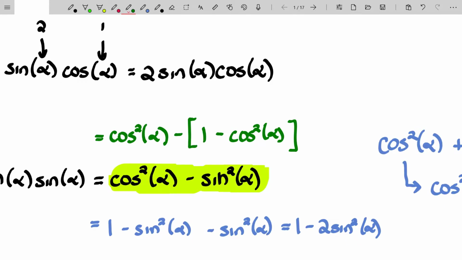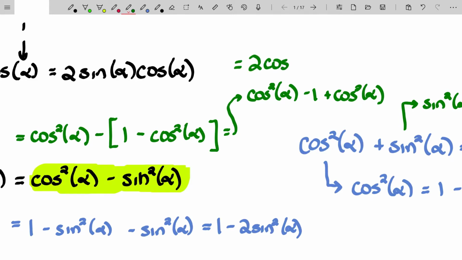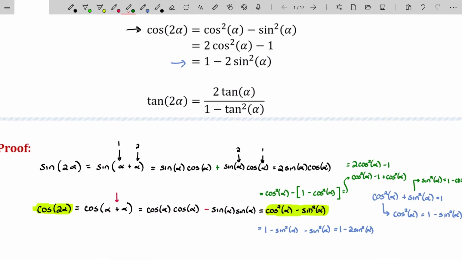And of course, that is equal to, I'm going to move it up here a little bit, cosine squared of alpha minus 1 plus cosine squared of alpha, because the negative distributes. So you have 2 of those cosine squareds of alpha minus 1. And that is actually the second alternate form.